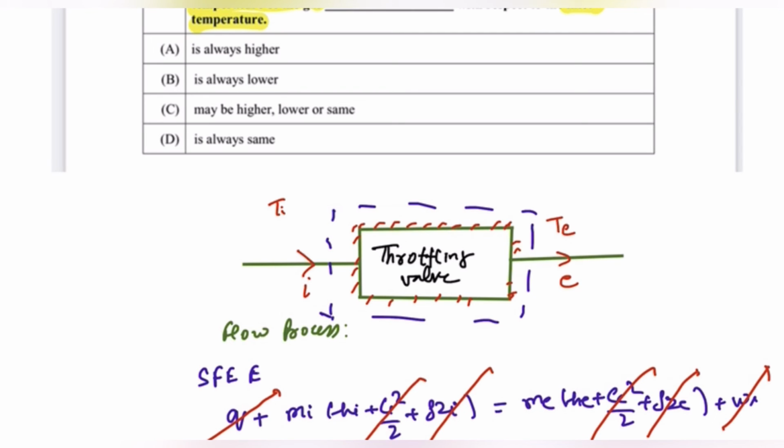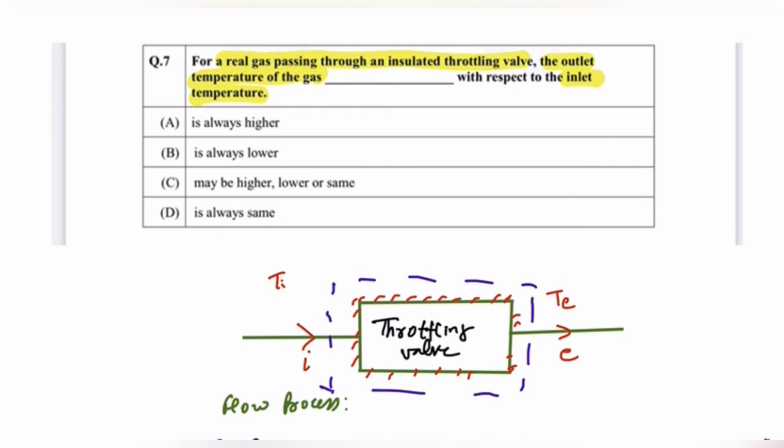So we cannot predict, because in the throttling process the pressure is changing and we monitor the change in temperature with respect to the change in pressure. So for a real gas, it is not possible to predict whether this temperature will be higher, lower or will remain the same. So from the given options, C is the correct answer.